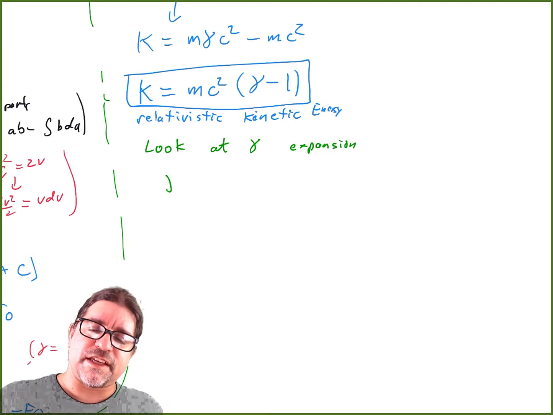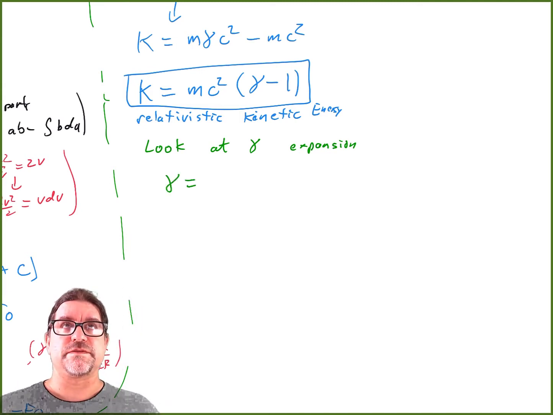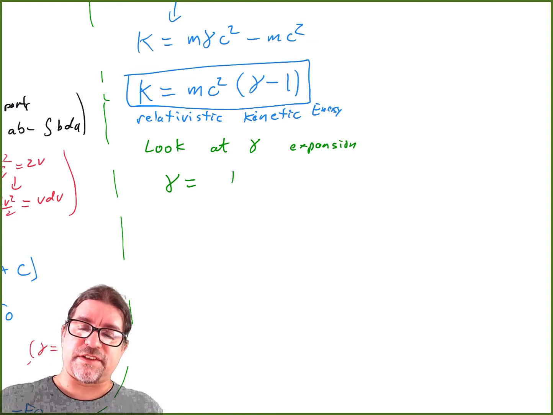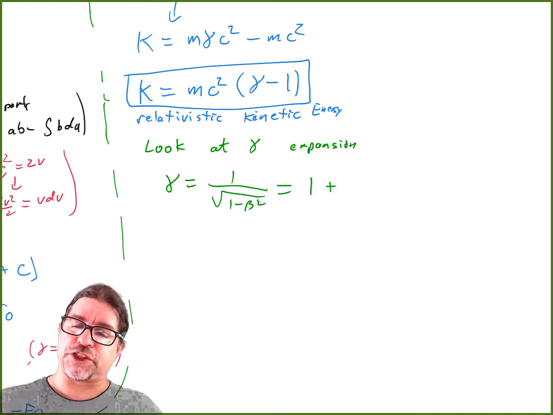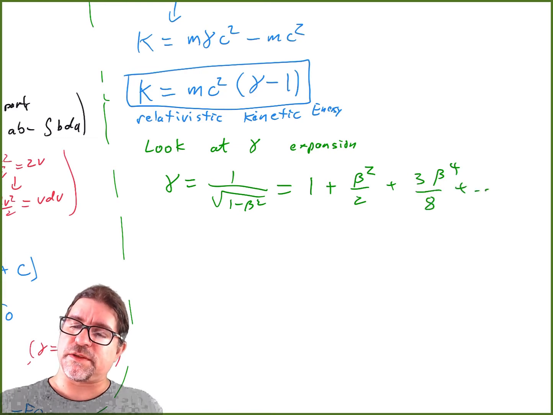But let's think about when I do a Taylor expansion or a Maclaurin series of gamma. Gamma is exactly 1 over the square root of 1 minus beta squared, right? But if I Taylor expand it, you can show that it's 1 plus beta squared over 2 plus 3 beta to the 4th over 8 plus and so on.